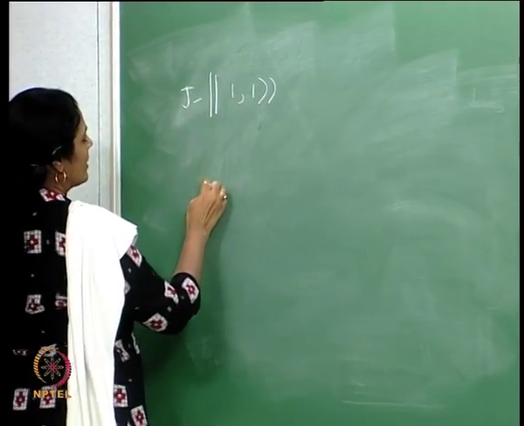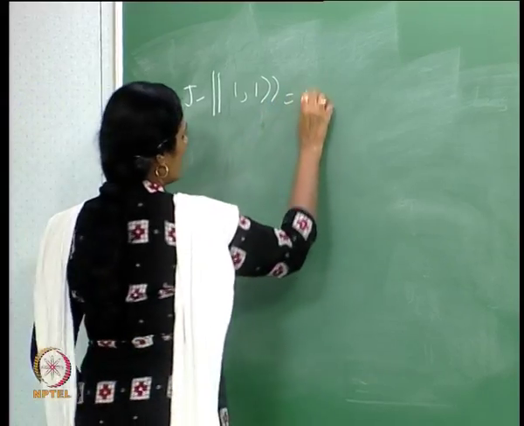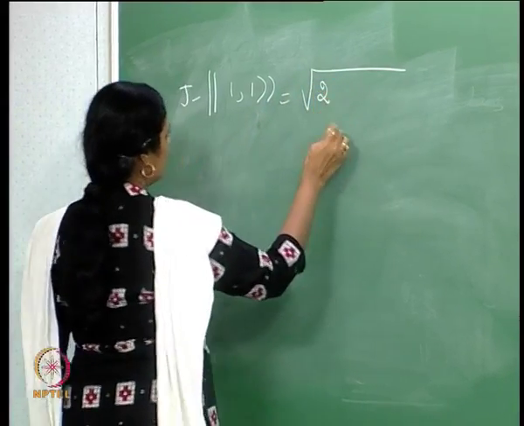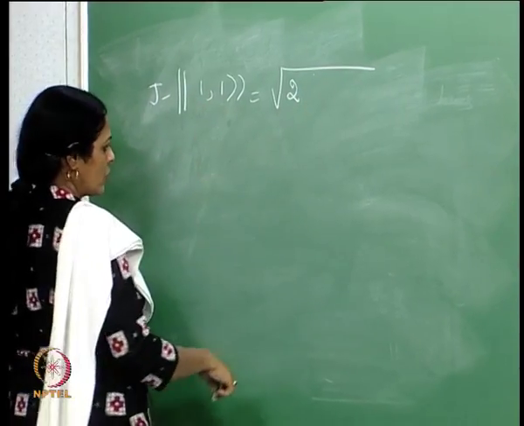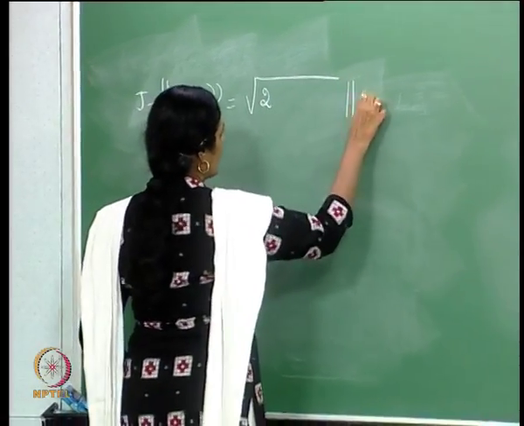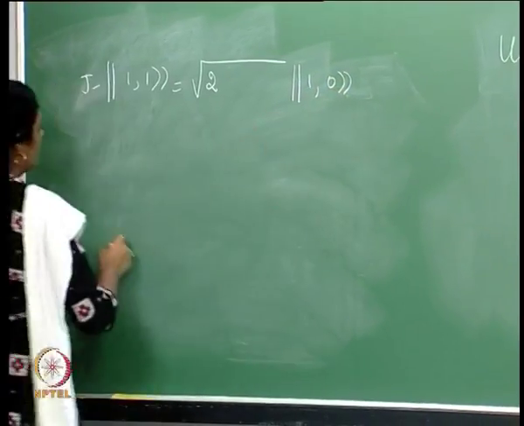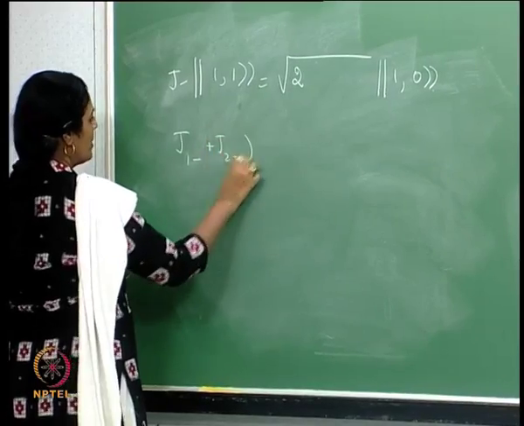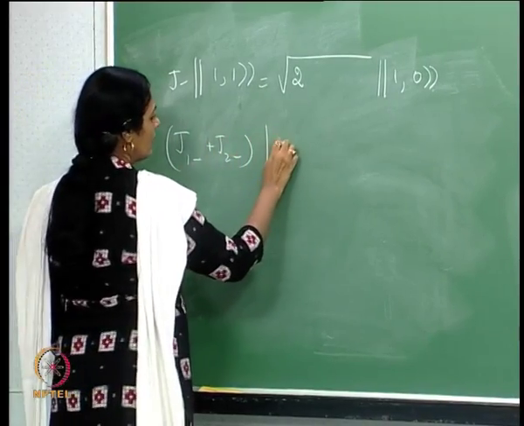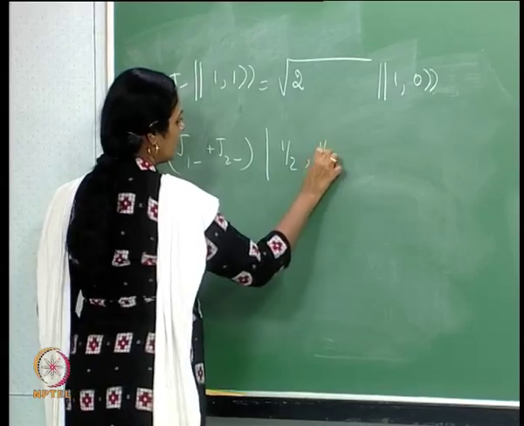J minus acting on 1 comma 1 is root of j plus m times j minus m plus 1, which is just root 2 times 1 comma 0, and j1 minus plus j2 minus acting on half comma half.